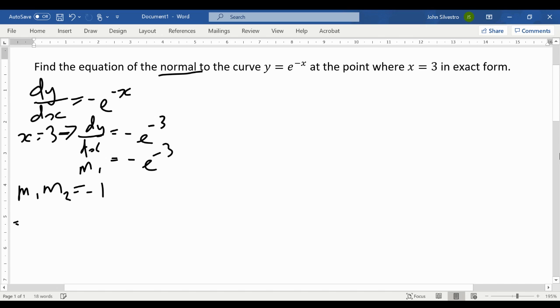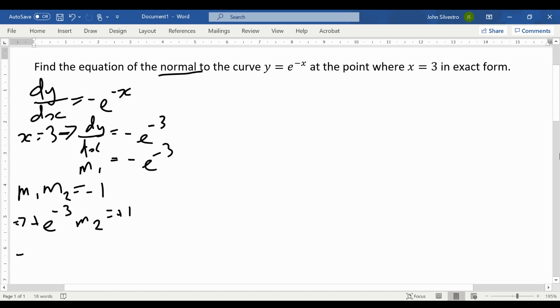So we know that m1, which we've just worked out, is negative e to the negative 3 multiplied by m2 is going to equal negative 1. So they're both negatives, so we can just cancel those out. So e to the negative 3 times m2 equals plus 1.